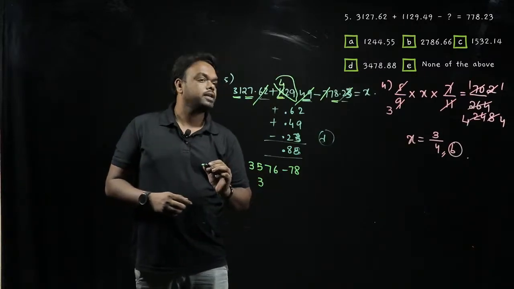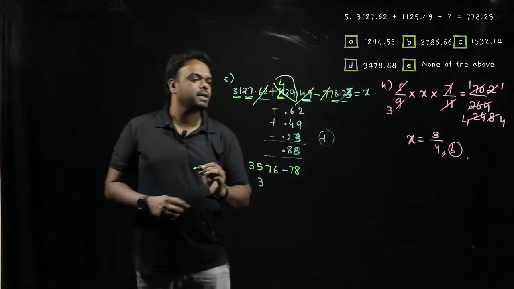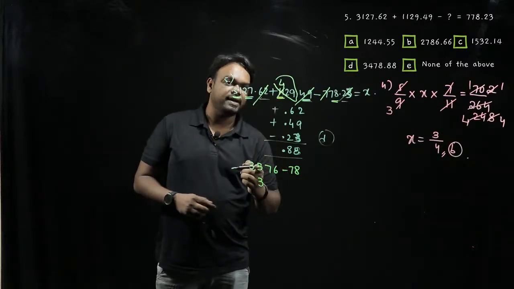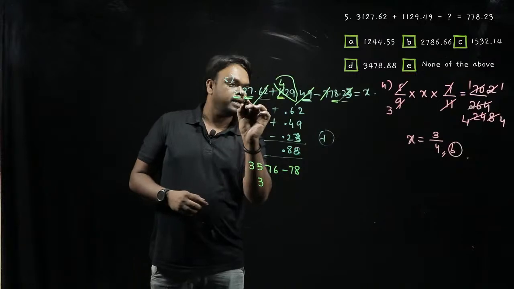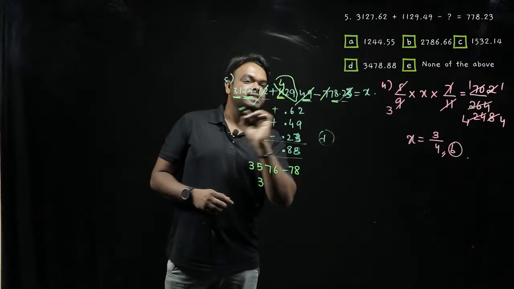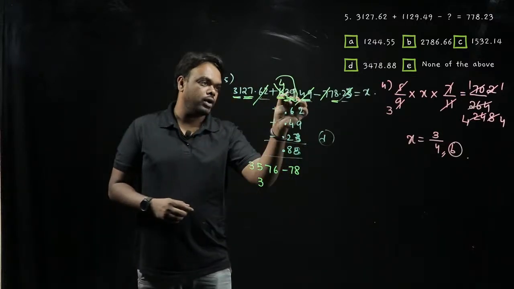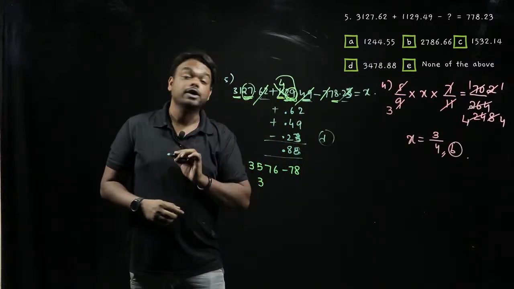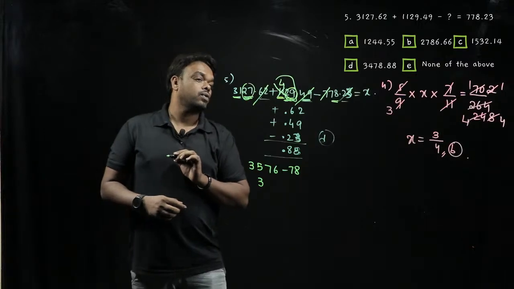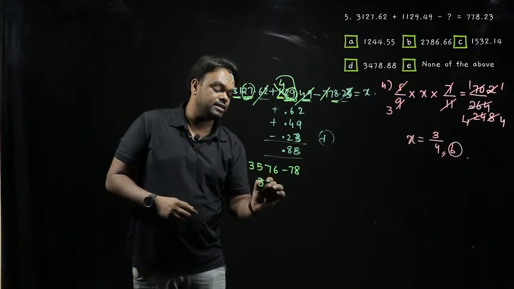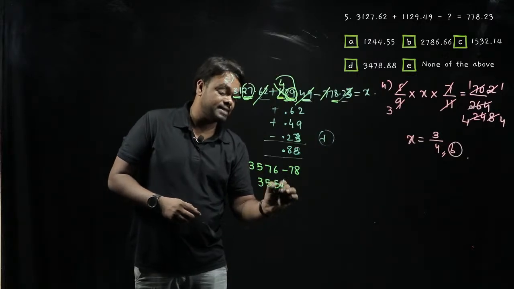What is it? Did we do any mistake here? I think so. 3100, here 400, 3500 is right. Oh, I'm sorry. This is 27. I had to add 29 to 27, I added 49. I'm so sorry. 29 plus 27, how much will it be? 4 plus 2 is 656. 3556 minus 78.